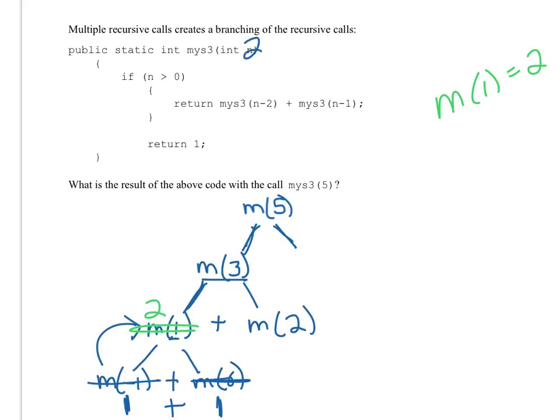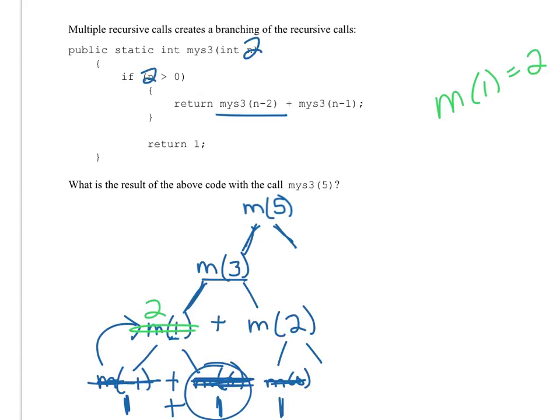So when I call mystery 2, 2 is greater than 0, so I'm calling the first branch. So remember, each one of these is going to have 2 branches every time I call it, unless it's the base case like these two here. So M2 would be M0, but we do know M0 is 1. That was this one.